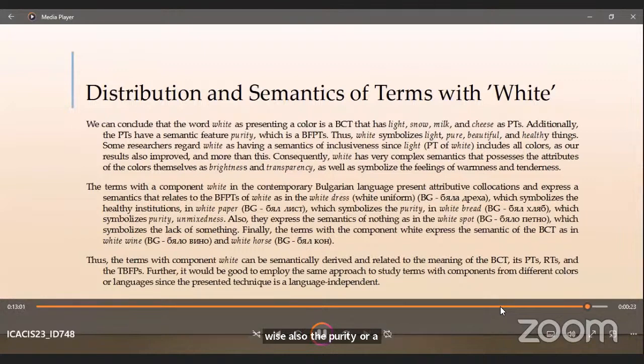They also express the semantics of nothing, as in the combination white spot, which symbolizes the lack of something. Finally, terms with the component white express the semantics of the basic color term, as in white wine and white horse.